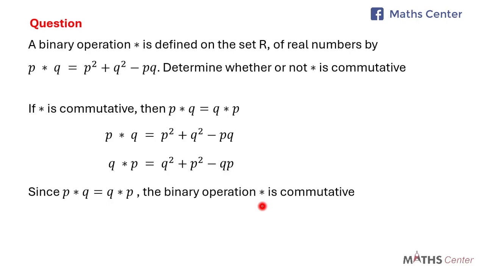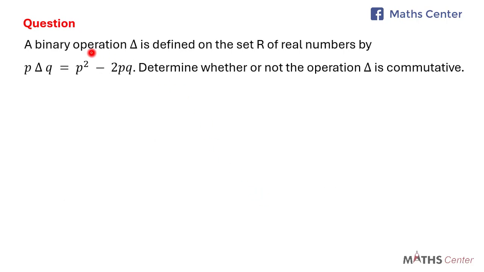Let's consider another question. A binary operation delta is defined on the set R of real numbers by P delta Q is equal to P squared minus 2PQ. Determine whether or not the binary operation delta is commutative. We have just learned that if delta is commutative, then P delta Q should be equal to Q delta P. So what we have on the left-hand side should be the same as what we have on the right-hand side.